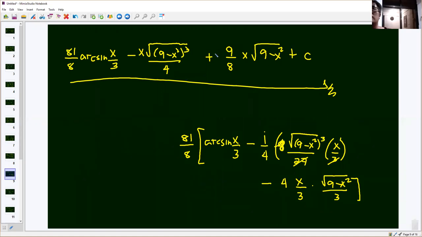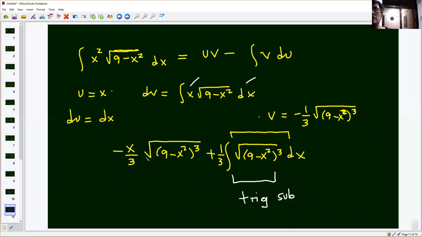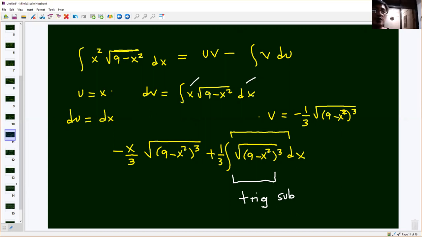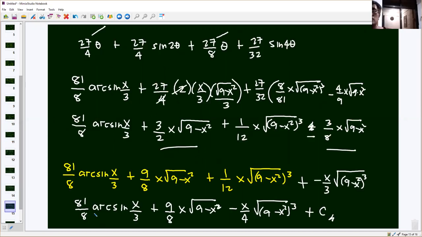Ito, square root lang. Let's see. Ang layo na pala. Sa babang baba pa. Yun. 81 over 8, 9 over 8 minus x over 4, x naka-cube yun. Do you have the same, guys? Nakita nyo yun? Kita nyo yun?